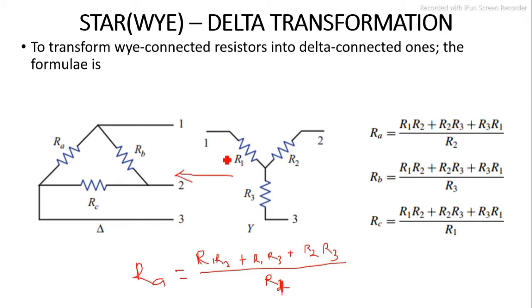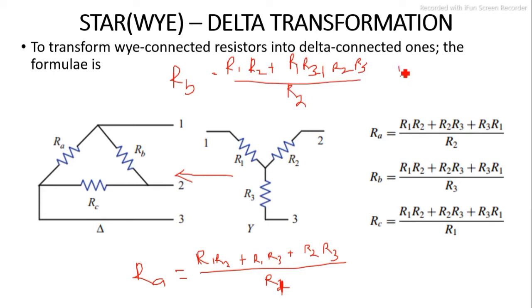But if you are taking your RB now, if you take this as your R1, that means your RB now, you are going to have R1 R2 plus the same thing R1 R3 plus the same thing R2 R3, divided by what? Since you've taken R1 as this, that means this should be R2.